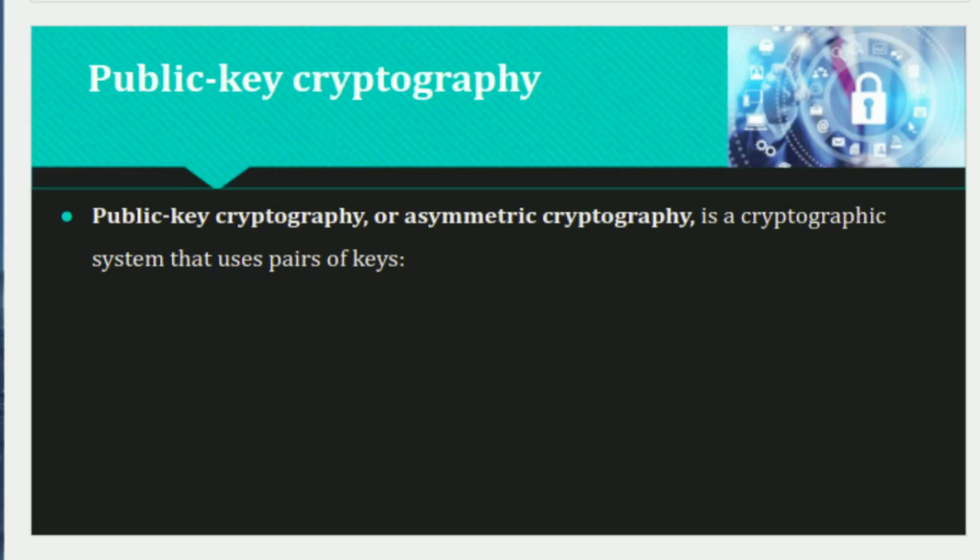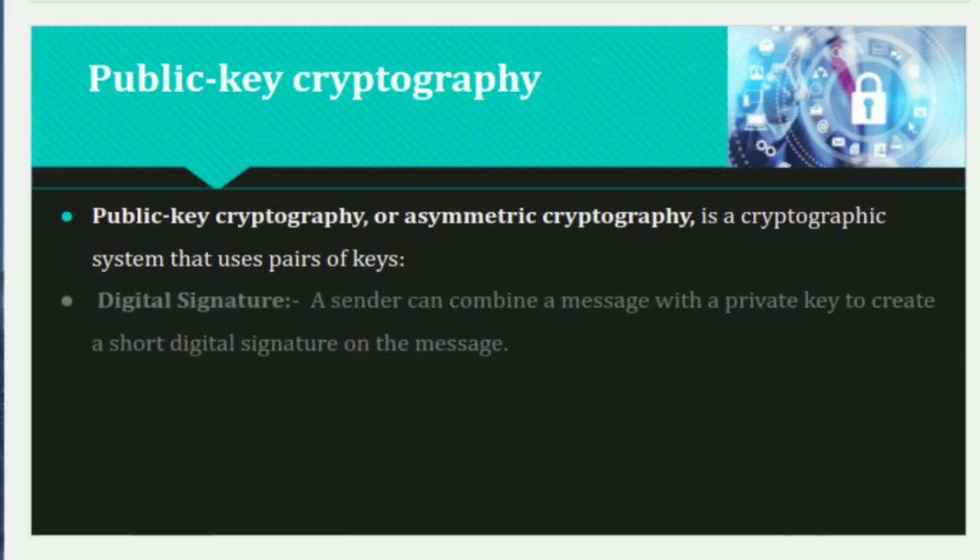The generation of such key pairs depends on cryptographic algorithms, which are based on mathematical problems termed one-way functions. So effective security requires keeping the private key private, and the public key can be openly distributed without compromising the security.